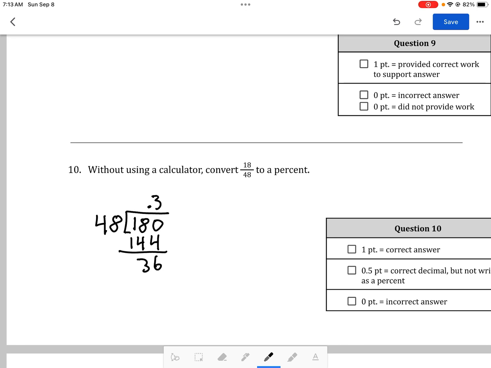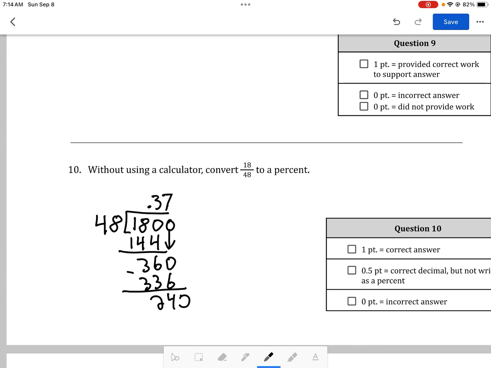36 is smaller than 48, so it can't go into it, so I'm going to pull down another 0. 48 goes into 360 7 times. I know 7 times 48 is 336. So 360 minus 336 is 24. 24 is smaller than 48, so I know it can't go into it.